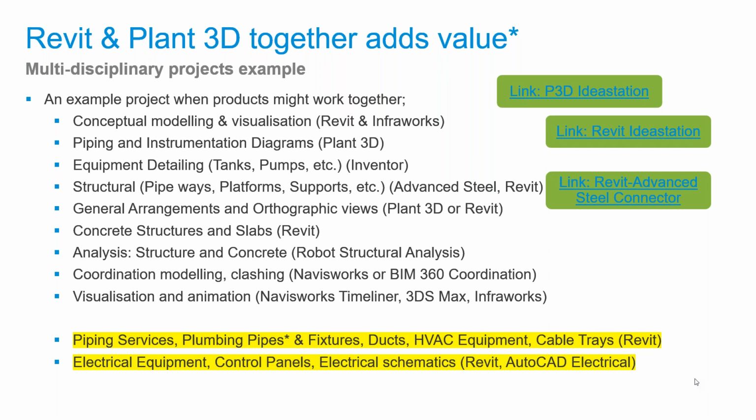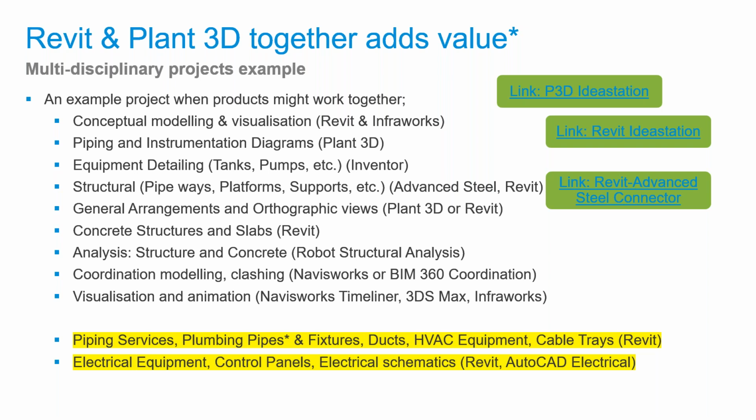And if you look below, we have some areas which generate a lot of questions, a lot of enhancement requests on the plant project. Which solution we should use for piping services, plumbing pipes, HVAC, cable trays: in Revit or in a third-party product from the App Store. So we have much more flexibility in those areas, and it generates a lot of questions.